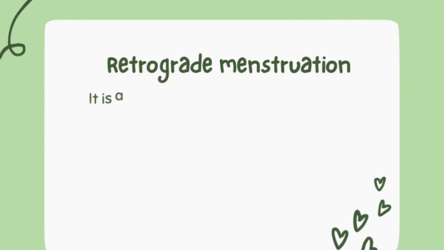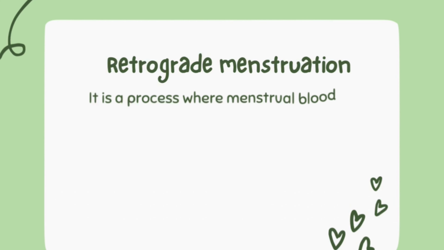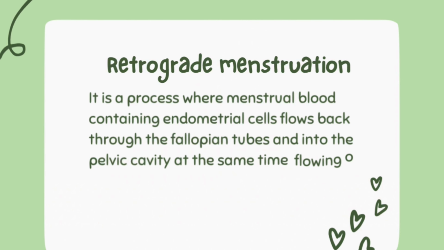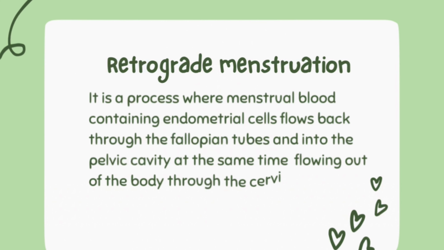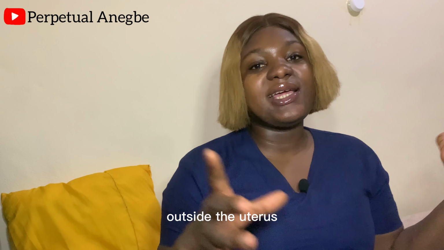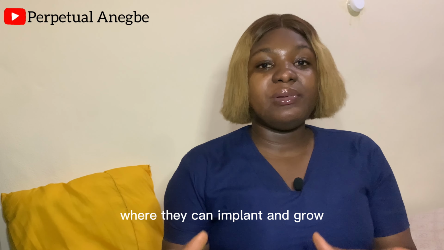Retrograde menstruation is when menstrual blood containing endometrial cells flows back through the fallopian tubes and into the pelvic cavity, at the same time flowing back out of the body through the cervix and vagina during periods. So in this process, endometrial cells are being deposited outside the uterus where they can implant and grow.